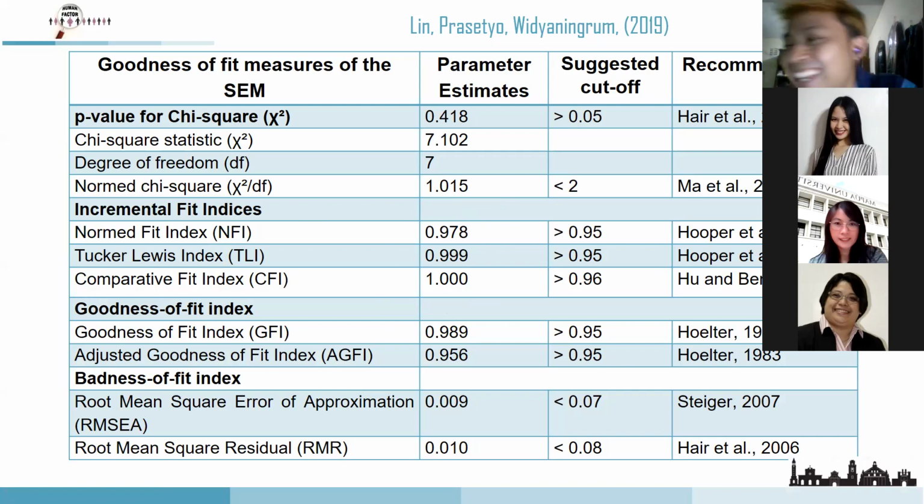So what is the best measure for model fit? For me, I usually show GFI, AGFI, and the incremental fit indices: CFI, TLI, and so on.